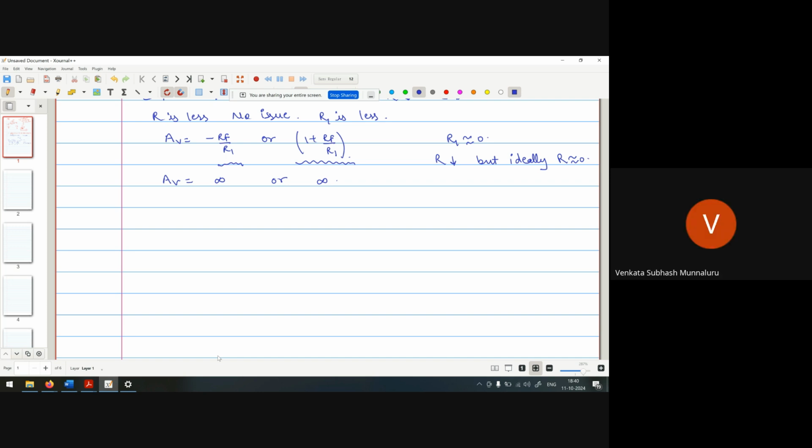Okay. Now, it is not possible that the value of R should be equal to 0 for getting a high time constant. So the second scenario is the capacitor. If the capacitor value is approximately 0 or minimum, the time constant is high.